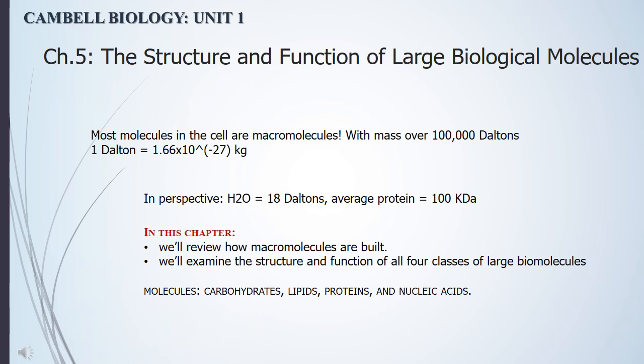But when we talk about macromolecules and we talk about large sizes, how do we talk about it? Well, we have introduced a measuring unit called Daltons. An average macromolecule in a cell is on the order of 100,000 Daltons. 1 Dalton equals 1.66 times 10 to the minus 27 kilograms.